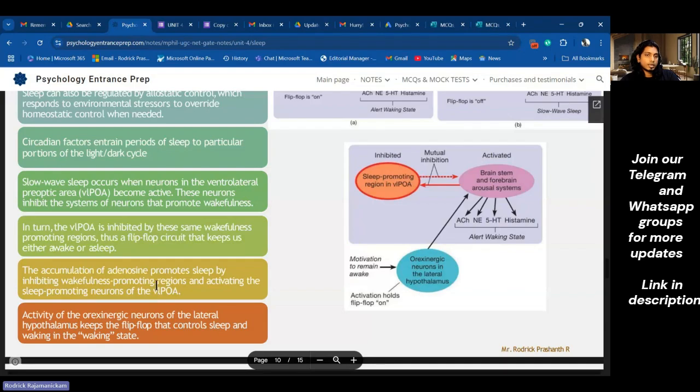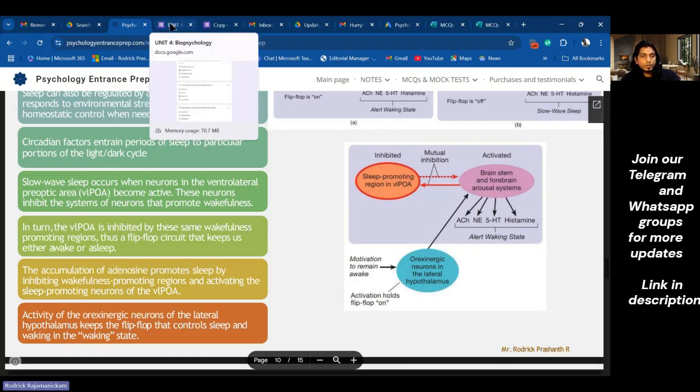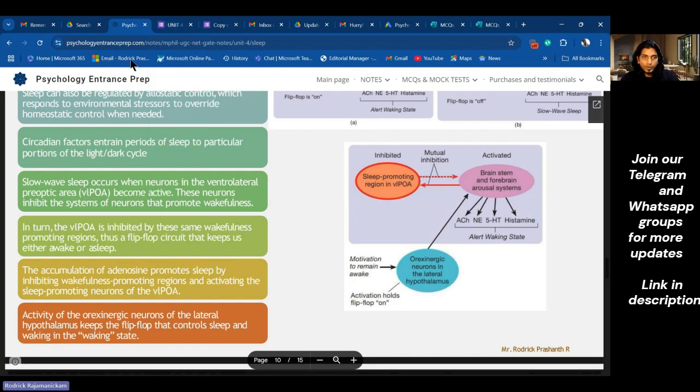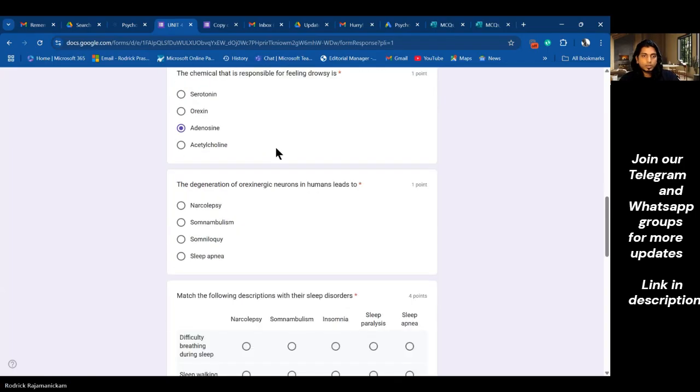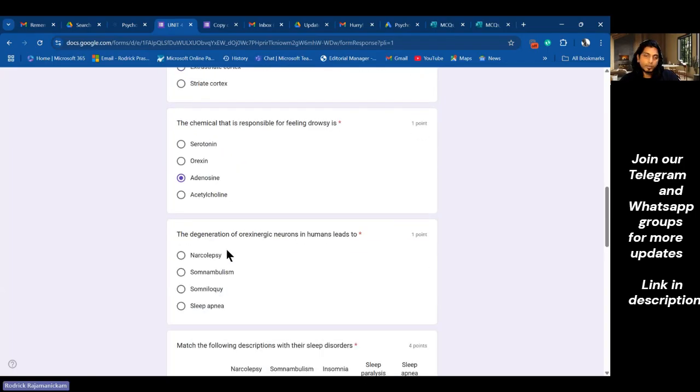That is also sleep promoting, as well as there are arousal promoting neurons as well. So adenosine promotes sleep promoting neurons to make you fall asleep. This is what helps in feeling drowsy and falling asleep. The more tired and drowsy you feel, it's because of adenosine. It also suppresses a lot of cognitive activity. But caffeine blocks adenosine and thereby makes you slightly more awake.